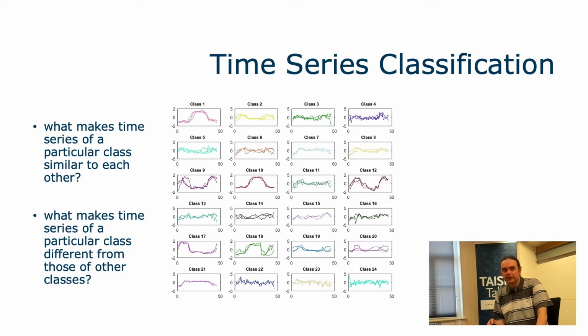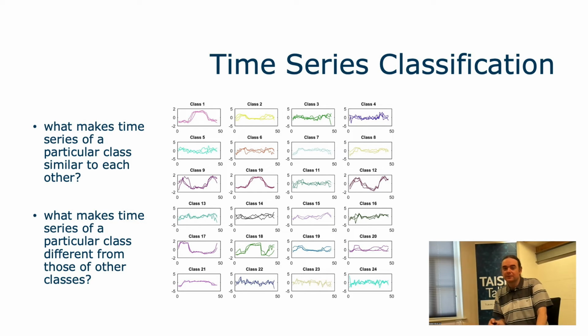Well, we want to learn 2 things. What makes time series of a particular class similar to each other? That will allow us to assign a particular class label to another new time series that is potentially similar to known time series of a particular class. But also, what makes time series of a particular class different from those of other classes? So again, to give a simple example, if you find a particular feature that is present in all time series of a particular class, that feature might be useful for classification, but it might not be.